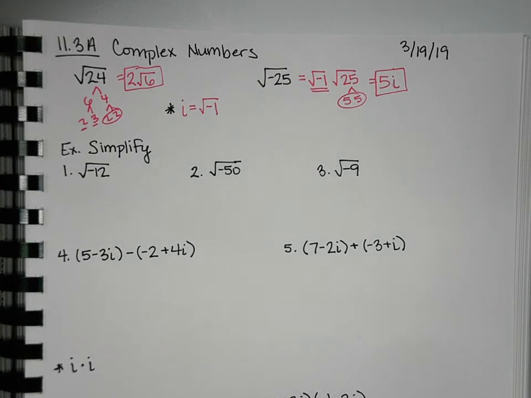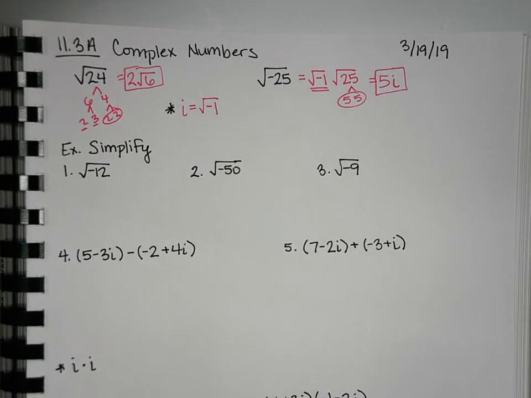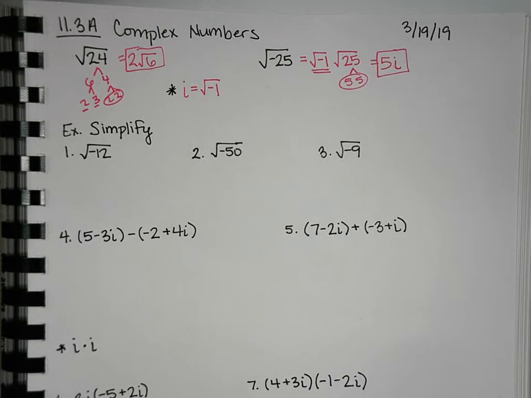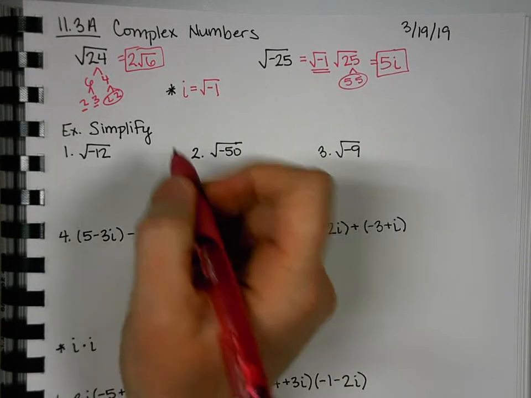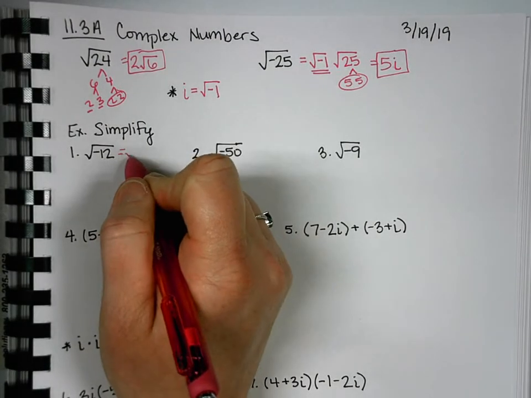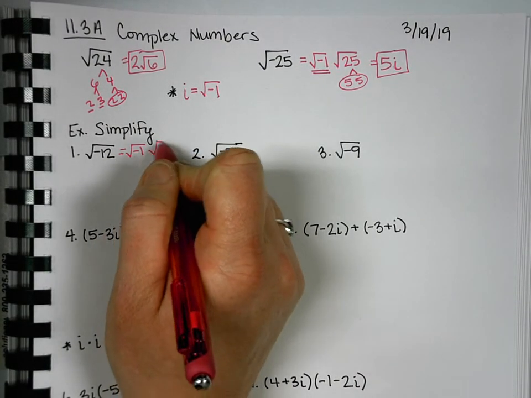So what we're going to practice today is simplifying, as well as when we have I raised to different powers. So let's start with square root of -12. Again, the first thing we're going to do is separate the -1 from the 12.